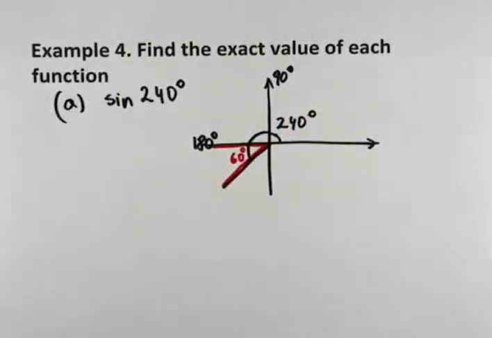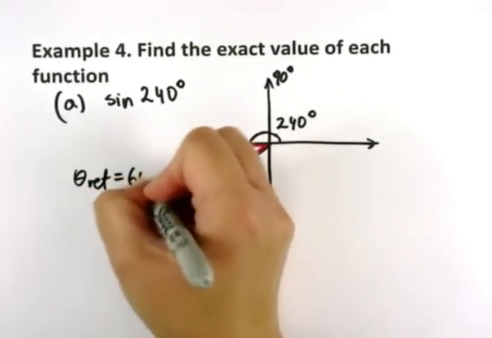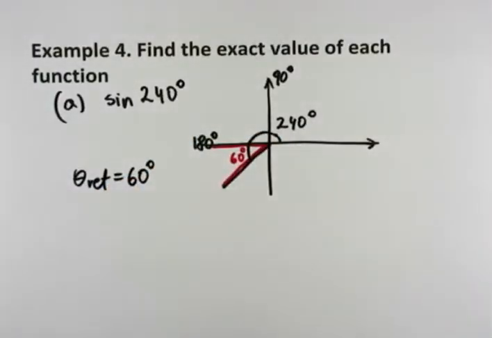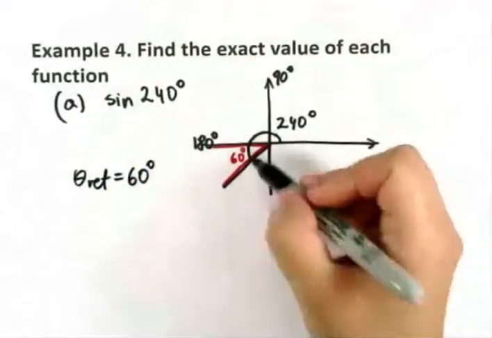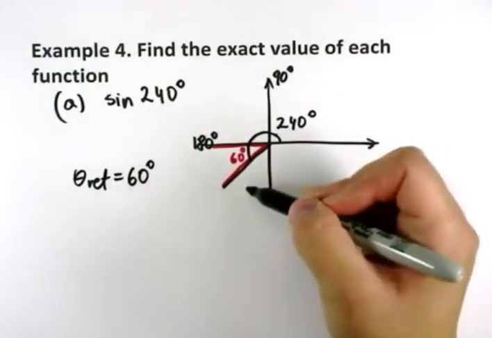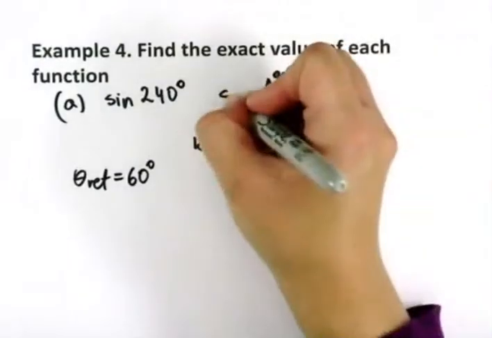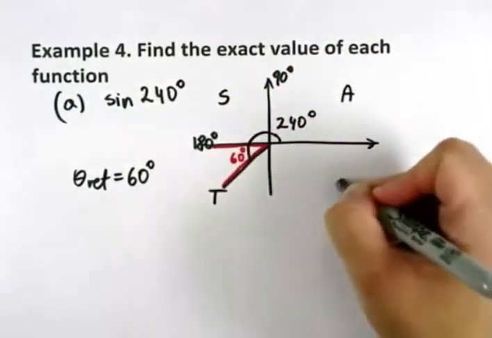So my reference angle, theta reference, is 60 degrees. So now we need to know in this quadrant, this is the third quadrant, whether sine is positive or negative. So I go with my story, add sugar to coffee.